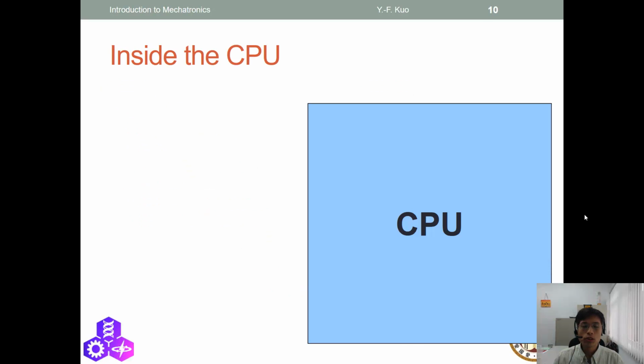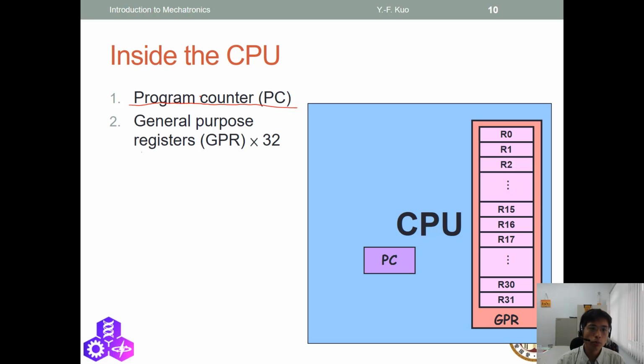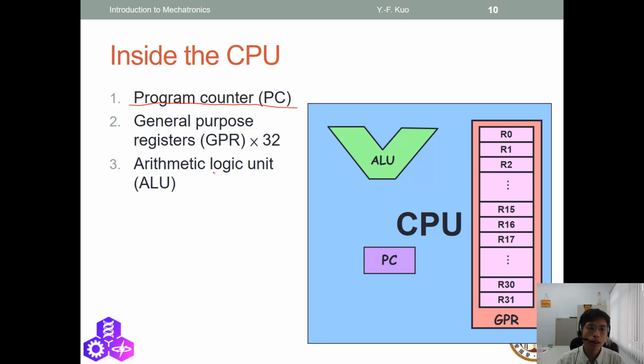Now next, we want to talk about the components inside the CPU. We know CPU stands for Central Processing Unit, but what do we have inside the CPU? First, we have a program counter. The abbreviation is PC. And we have general purpose registers. We also have an arithmetic logic unit, which is used to perform arithmetic operations.